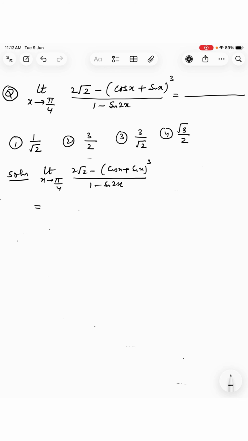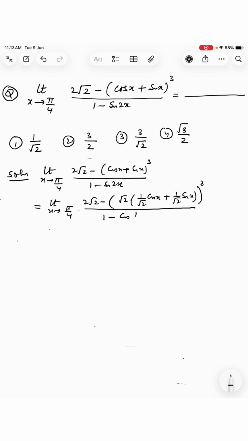We can write this as limit x tending to pi by 4 of 2 root 2 minus, here what we do is multiply and divide by root 2, root 2 into (1 by root 2 cos x plus 1 by root 2 sin x), its whole cube, divided by sin 2x, which we can write as cos of pi by 2 minus 2x.